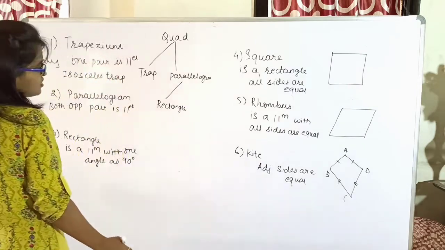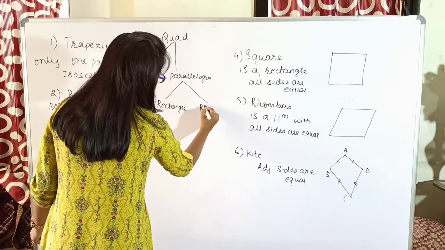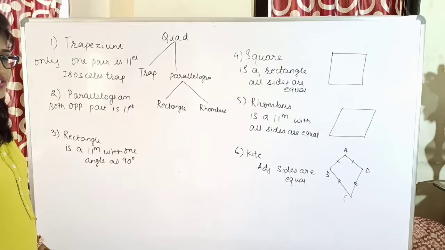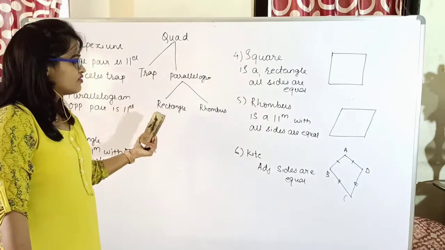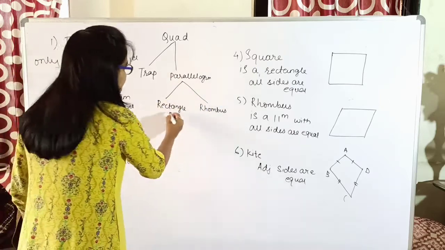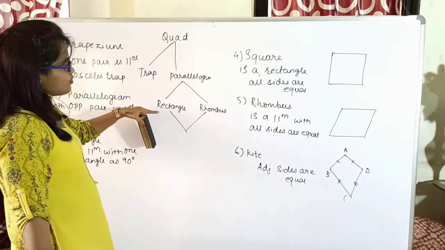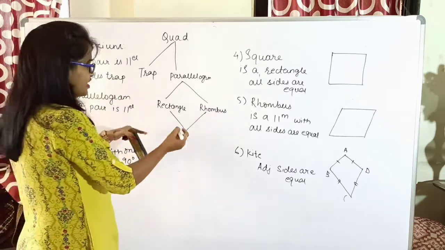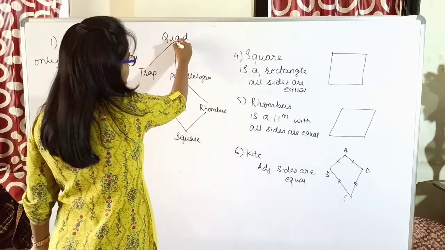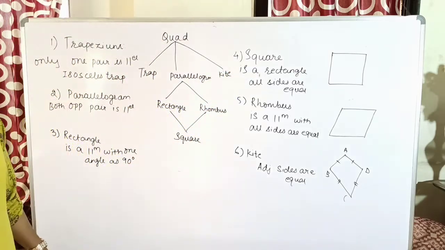What if I write the another one as rhombus? Because rectangle and rhombus don't have anything in common. Rectangle is a type of parallelogram with angles as 90, whereas rhombus is a type of parallelogram where all sides are equal. But if I take rectangle and rhombus together, the property of rhombus, all sides equal, and the property of rectangle, angles as 90, the quadrilateral I get is a square. And the last one, kite, is not included in any one of these types. So this is the figure for it.